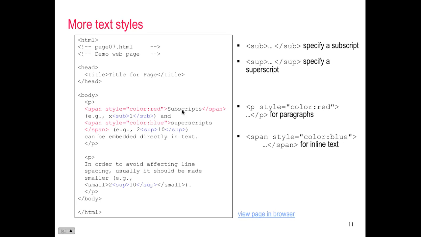And then we're going to have the subscripts, and we're going to put in an X as a subscript with 1. And then we're going to put in another one and change the color to blue. Between the opening and the closing span, the attribute is going to apply to blue text, to red text. And then on the bottom here, we have another sub in here.